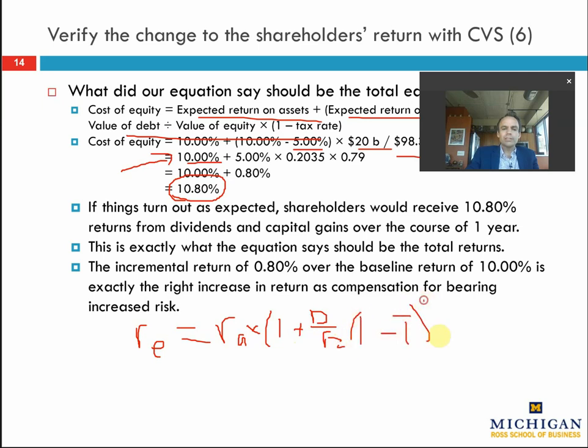And that equation doesn't work. Why doesn't it work? Because it assumes that the cost of debt is equal to the risk-free rate of interest, and that assumption doesn't hold in our computations here. The cost of debt was equal to 5%. It's not the same as the risk-free rate.